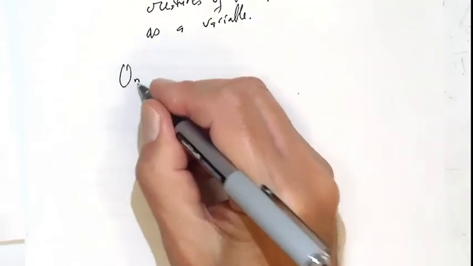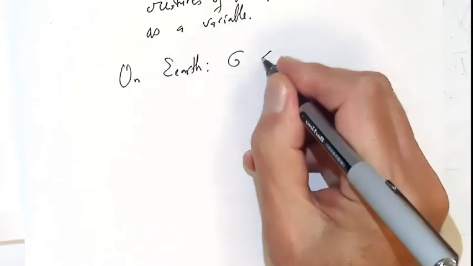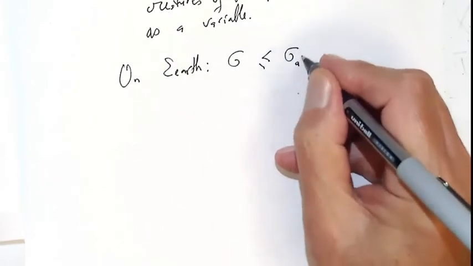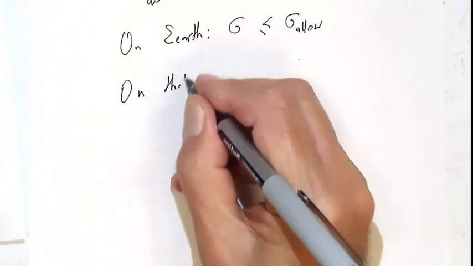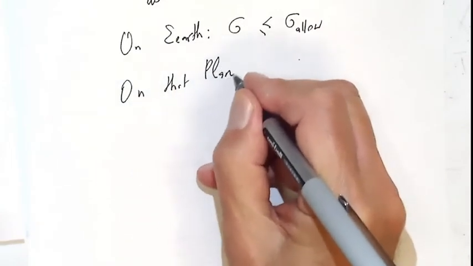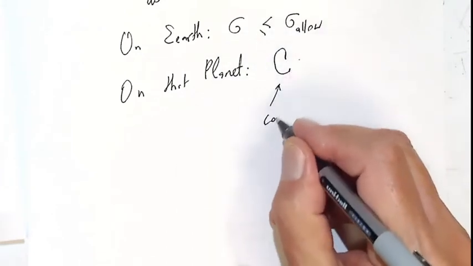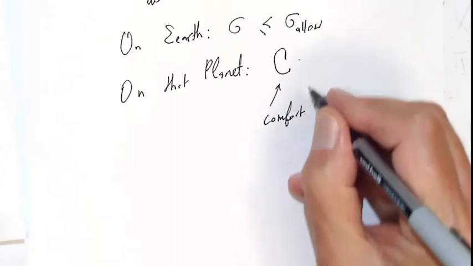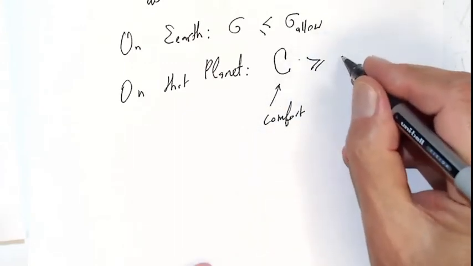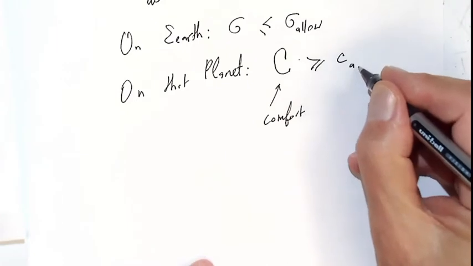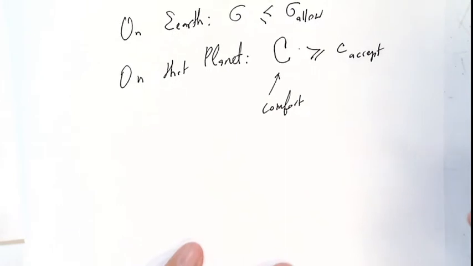On Earth, we say sigma must be smaller than sigma allowable. On that planet, comfort should be smaller or equal than the minimum acceptable comfort. Okay?